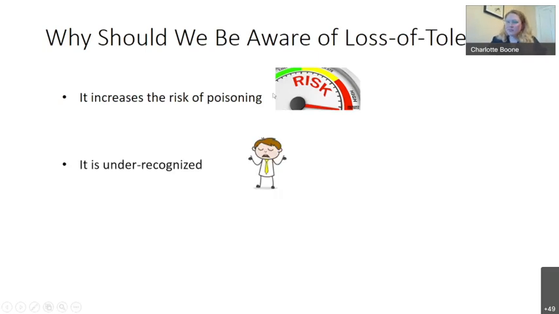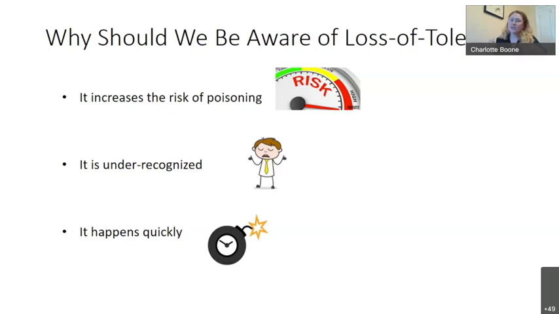So we should be aware of this because it is under-recognized. I think it's under-recognized by people using drugs as well as healthcare workers or anyone working with anyone who uses drugs. Because really, this happens extremely quickly. This happens on the scale of a couple of days. So if we think about the different reasons why someone might lose tolerance, we can think about a period of abstinence that they have, self-motivated or desired to take a period of abstinence.